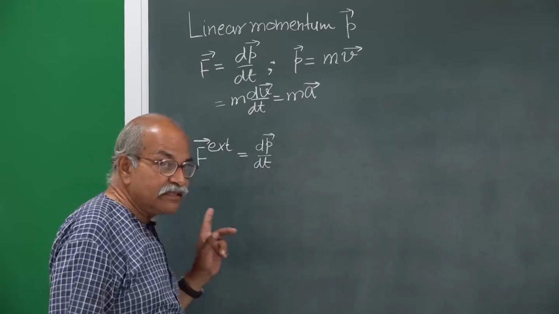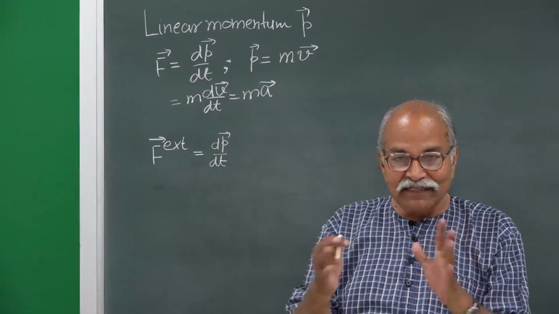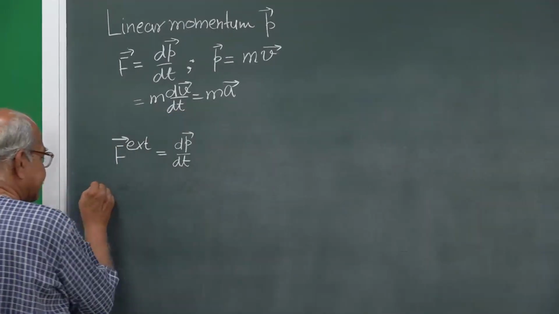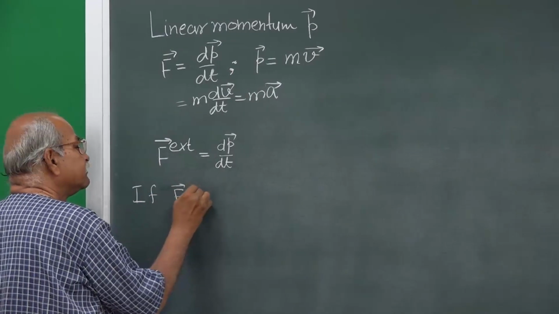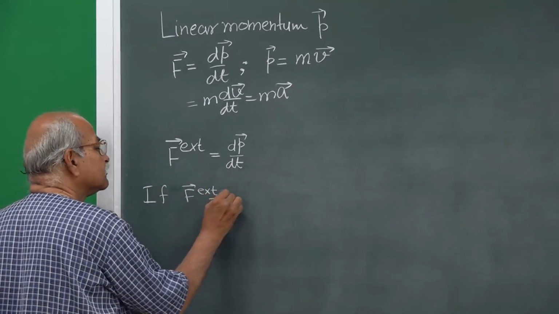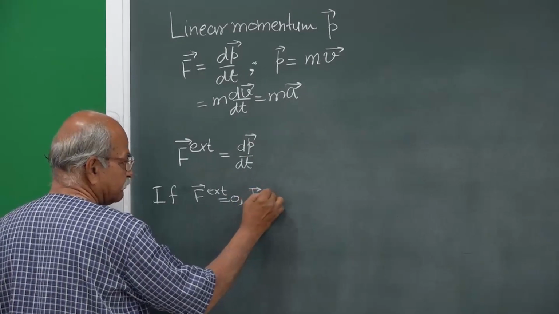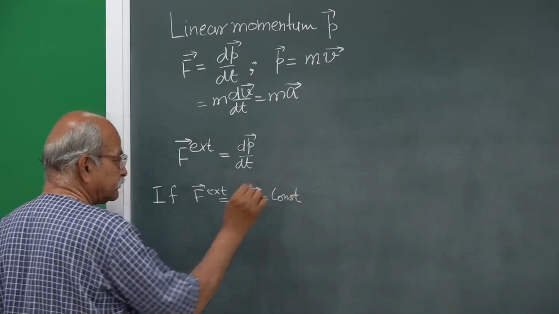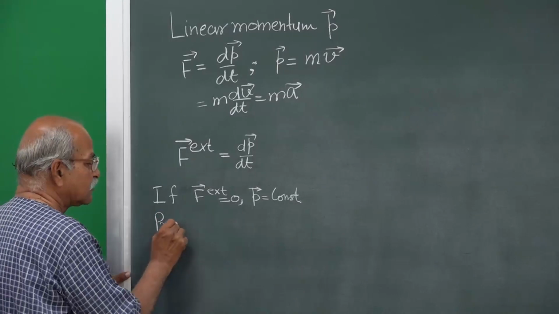That is still valid. The internal forces occur in pairs, and therefore, they cancel out, and hence if the external force is 0, dp/dt is 0, and therefore, P is constant. This is known as the principle of conservation of linear momentum.